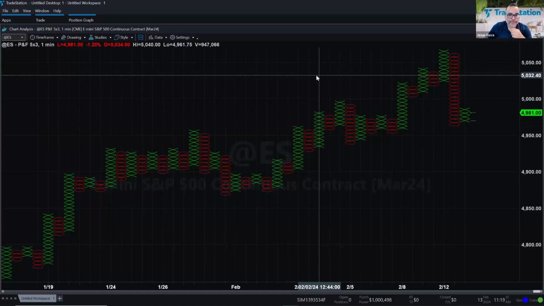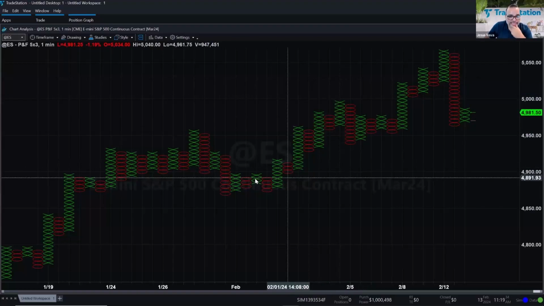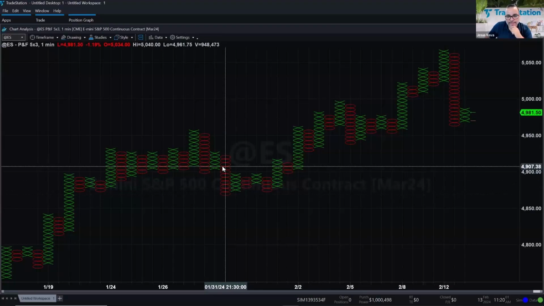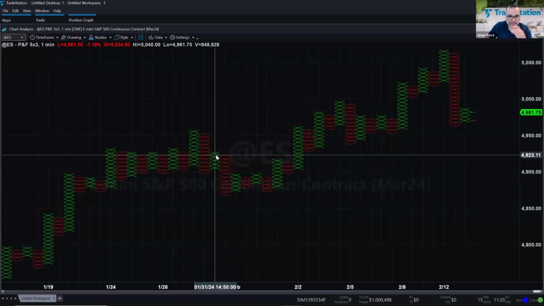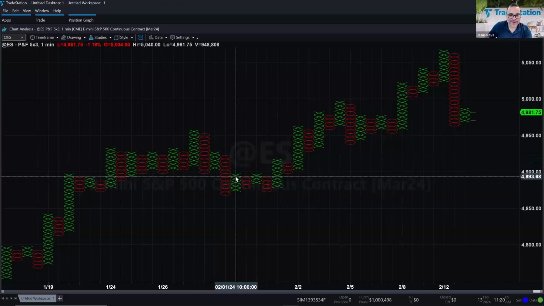Of course, you can click on the background and go to the data tips window and see the difference between the high and the low and see where the closing price is. But what I'm going to do is look at the closing prices here. So if I get a close that is less than the close of the prior bar, as is the case here, I'm going to go long the next bar.